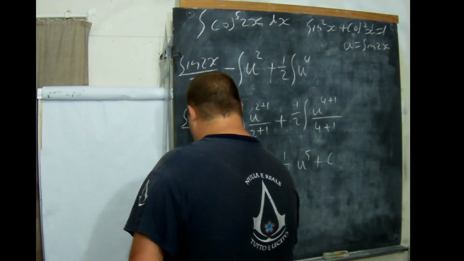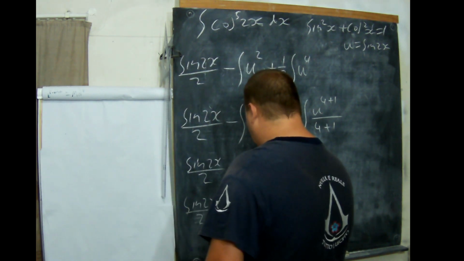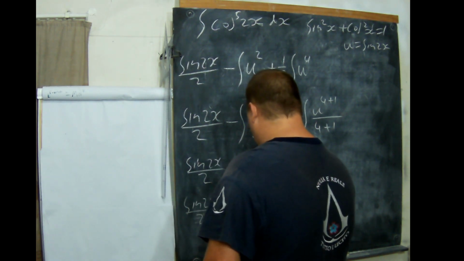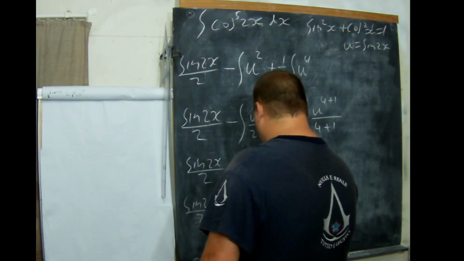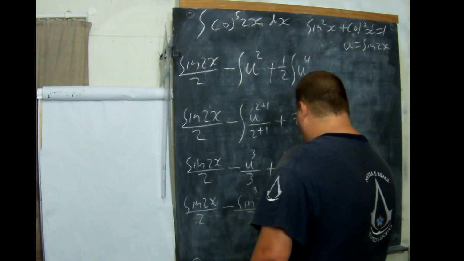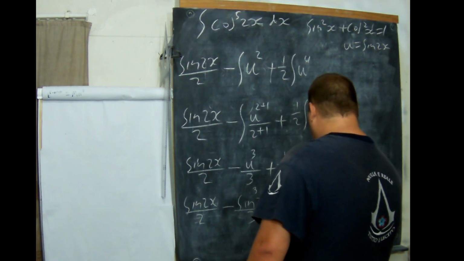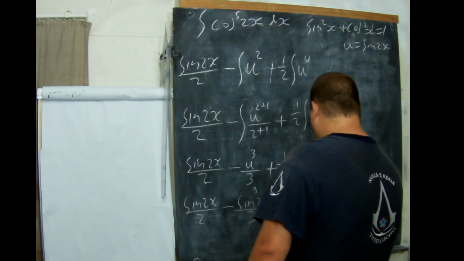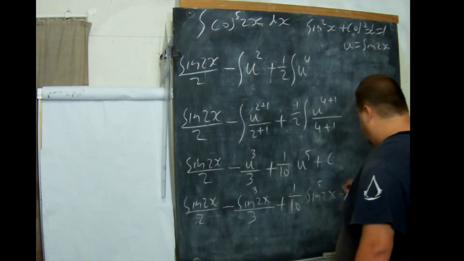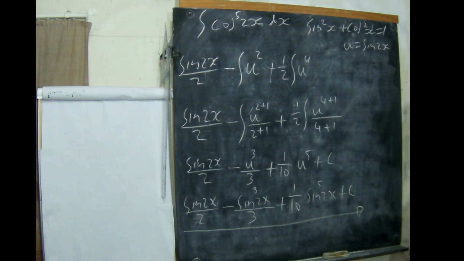Sine 2x over 2 minus sine cubed 2x over 3 plus 1 over 10 sine 2x to the 5th power plus c. And that is our final answer.